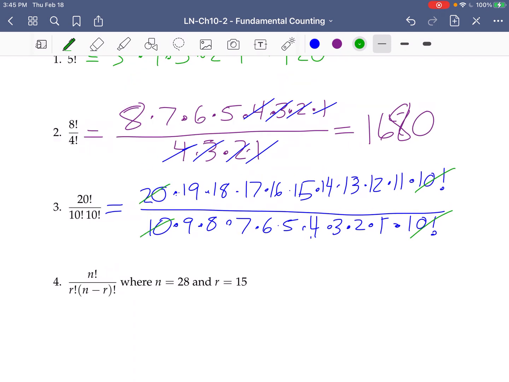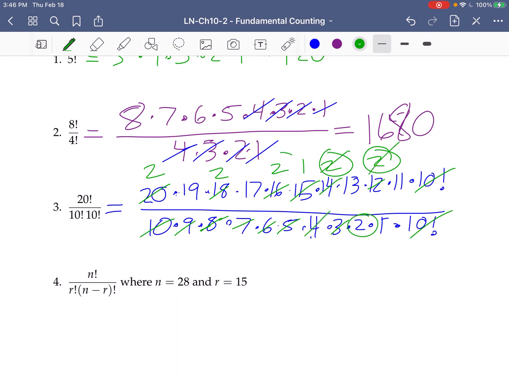So 10 goes into 20 2 times. 9 goes into 18 2 times. 8 goes into 16 2 times. 7 goes into 14 2 times. 6 goes into 12 2 times. 5 times 3 is 15, so 5 and 3 cancel with that 15. 4, a 2 times a 2 will give us 4.